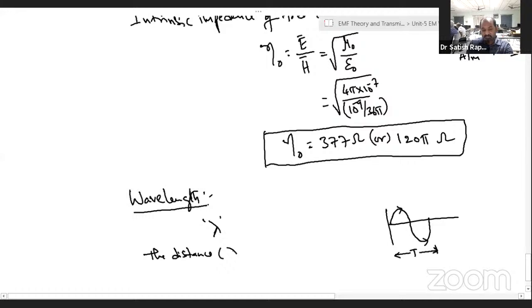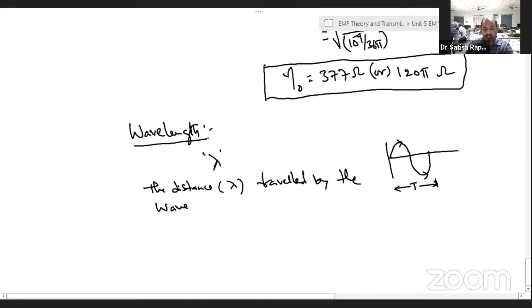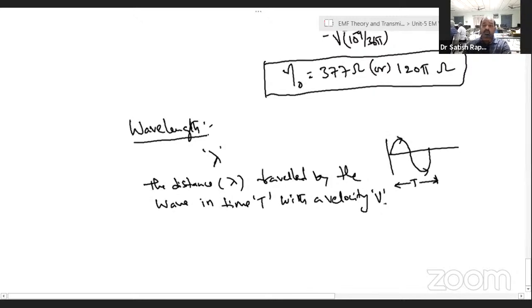The distance lambda traveled by the wave in time t with a velocity v, right?